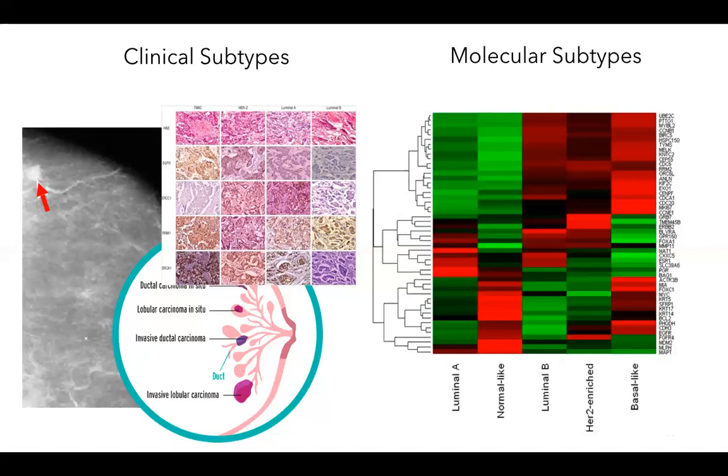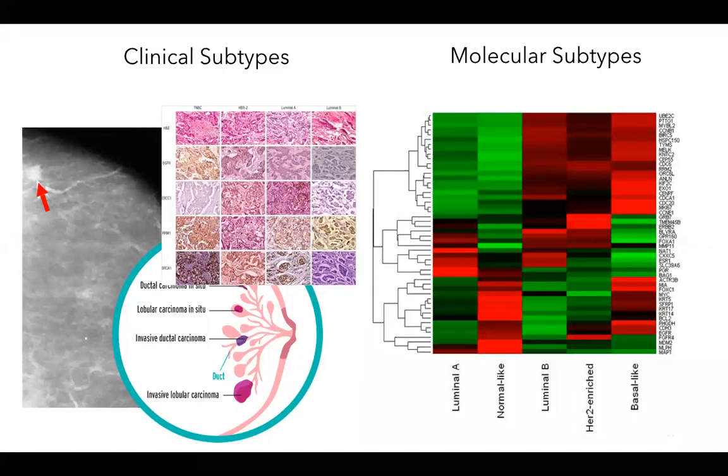So based on this pattern, you can actually see what kind of breast cancer it is, because luminal A is different from normal-like, is different from luminal B, and HER2 and basal-like. Here, there are also 10 to 12 housekeeping genes. I think you guys know about housekeeping genes. Housekeeping genes are those genes which do normal cell function, and whether they are in a cancerous patient or in normal, they have the same gene expression.